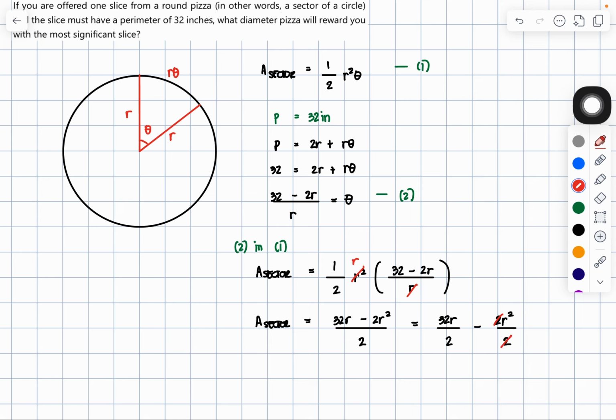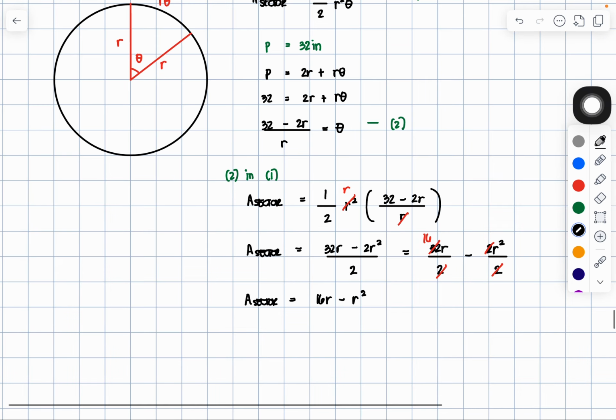This will cancel out. 32 divided by 2, that would give you 16. So we have now area of the sector is equal to 16r minus r squared. These are all in terms of r.